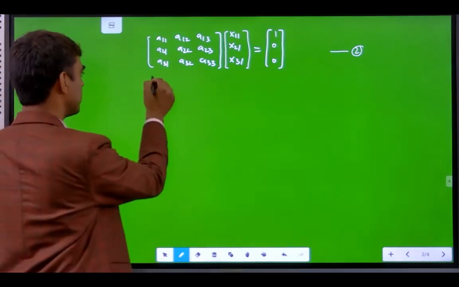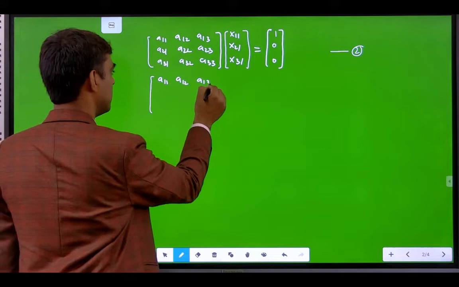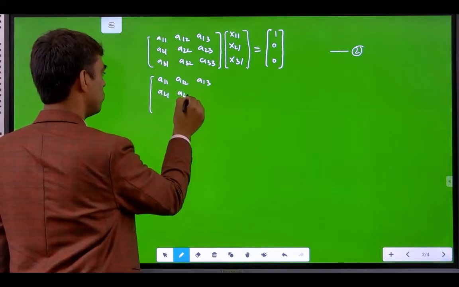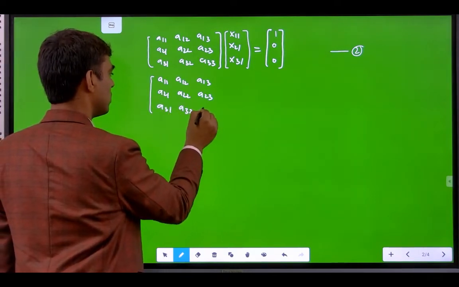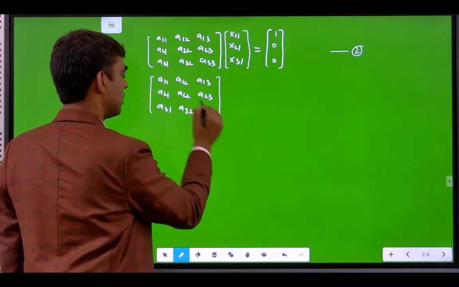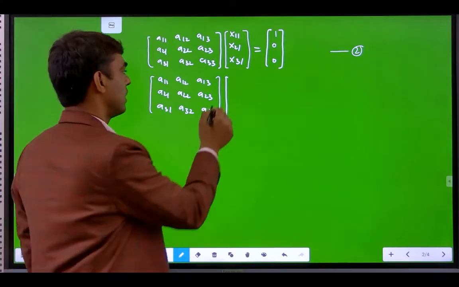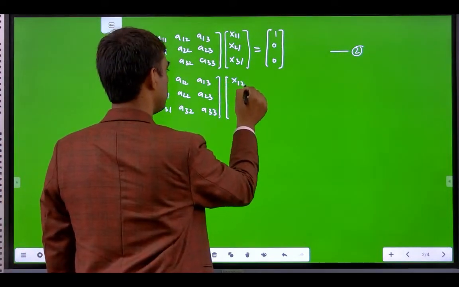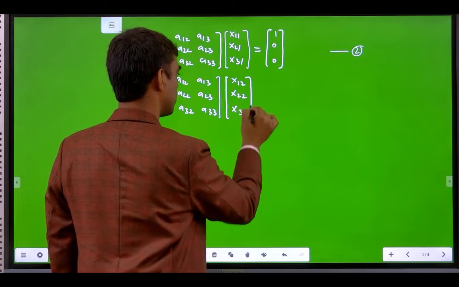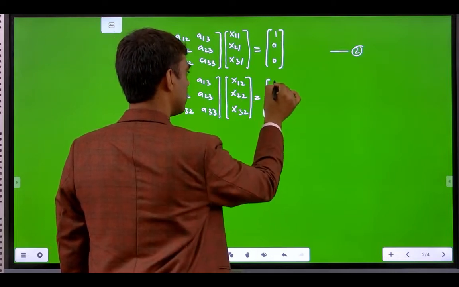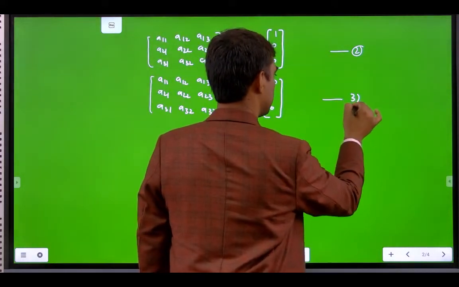The second system of linear equations is the matrix a11 to a33 multiplied by the unknowns for the second system, which are the second column of A inverse, x12, x22, x32. This equals the second column of the unit matrix, 0, 1, 0. This is equation number 3.